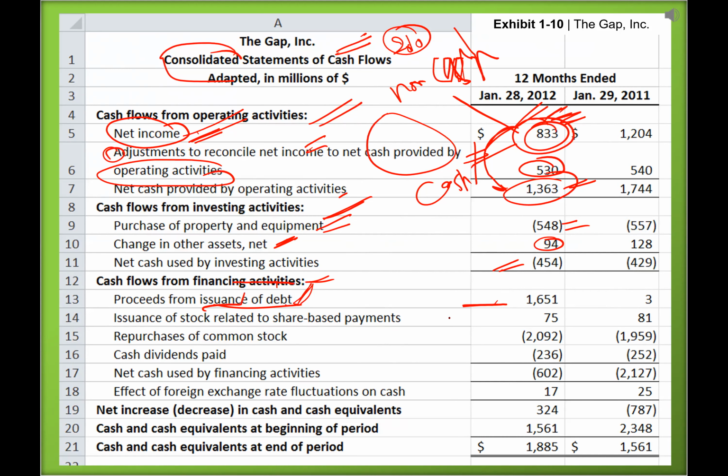You also issue the stock, you receive some money, you repurchase your assets. So here we go. You pay the cash dividend, you see, it's a negative sign, cash outflow. If you add all these, you find out the net. It means the net increase or decrease in the cash is 324.